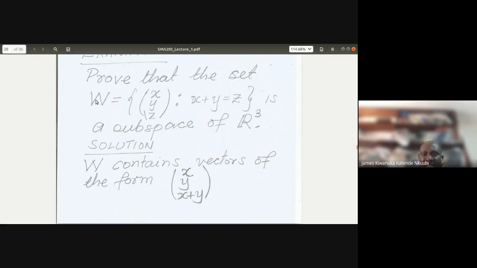So any vector in W can be written as x, y, and then the third component must be the sum of the first two. We need to check if this is a subspace of R3, because definitely these are vectors in R3. So let's check if it's a subspace of the vector space R3.